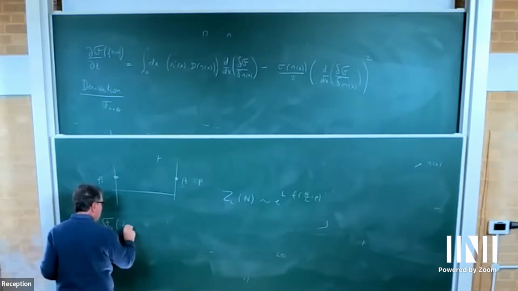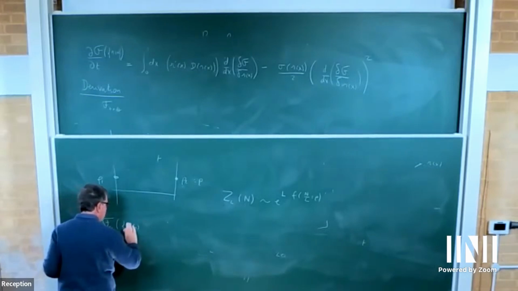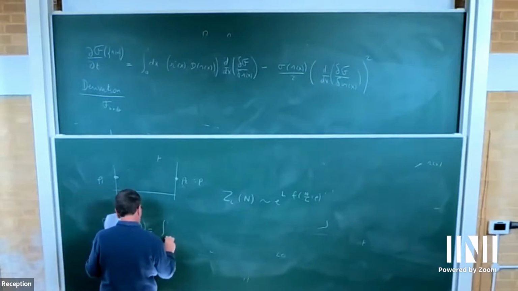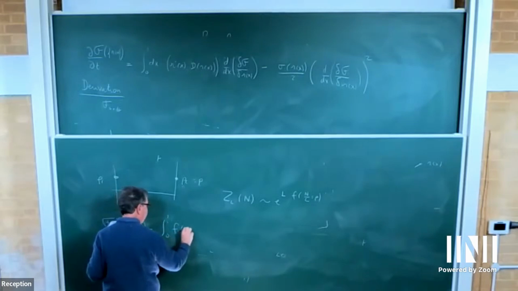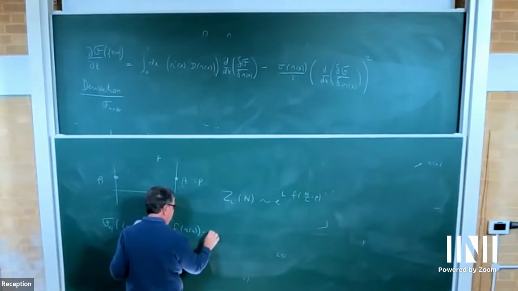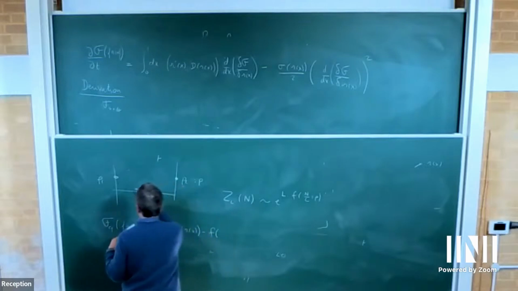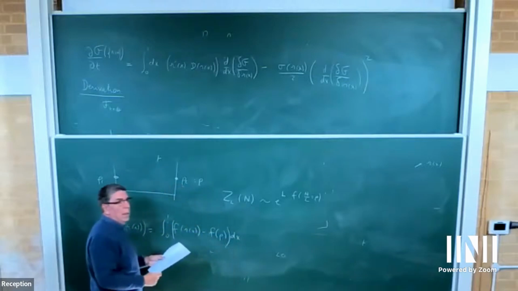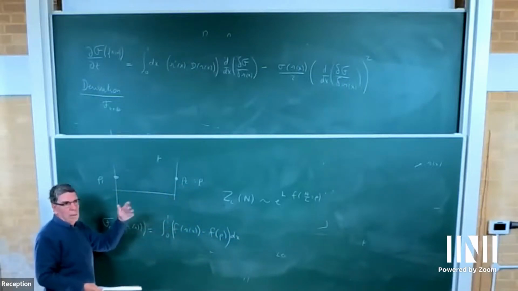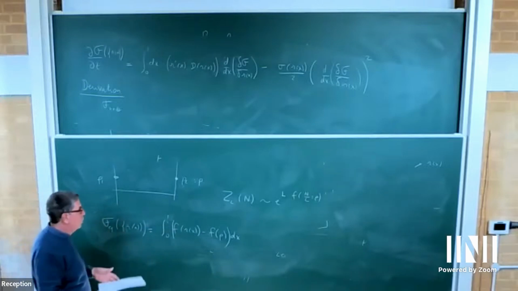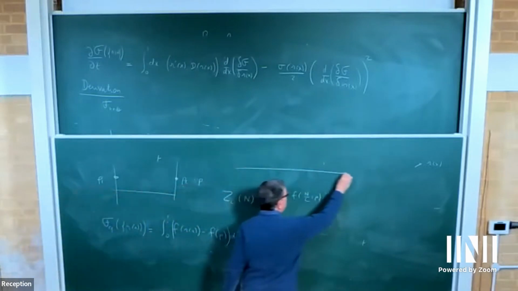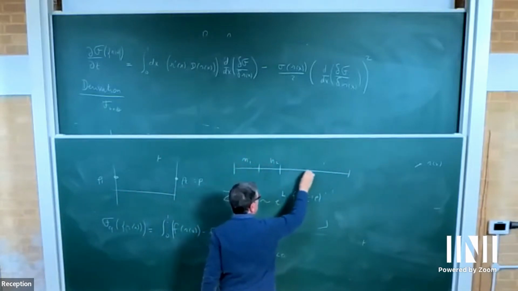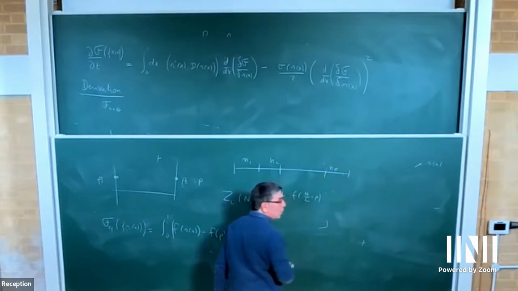the equilibrium probability of observing a certain density profile rho-tilde will be just given by the integral from 0 to 1 of F of rho-tilde minus F of rho at the boundary. So this is an equilibrium property, and to get it, we're not going to do the calculation in detail, but the main idea is that you have a very large system, and so you have N1 particles in the first box, N2 particles in the second box, N3 particles in the last box.